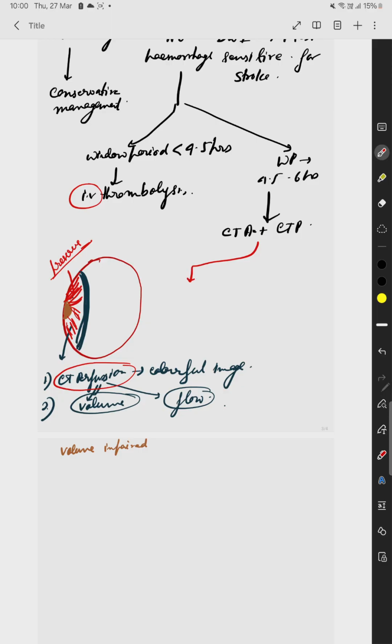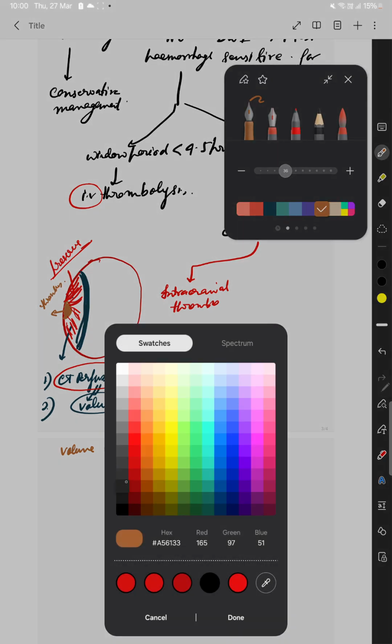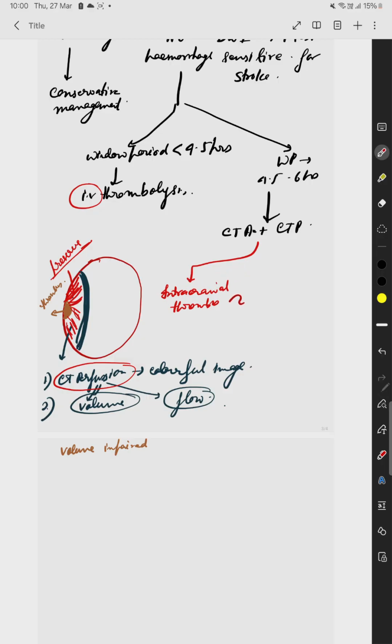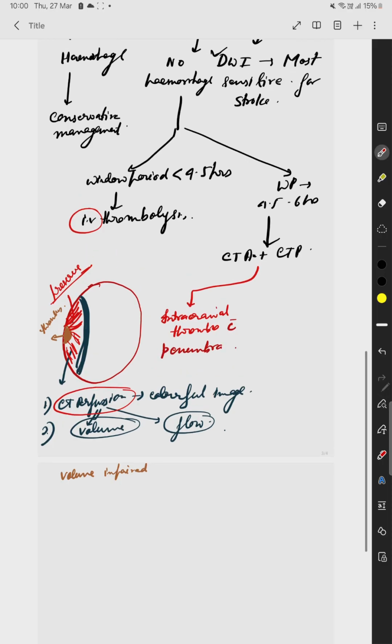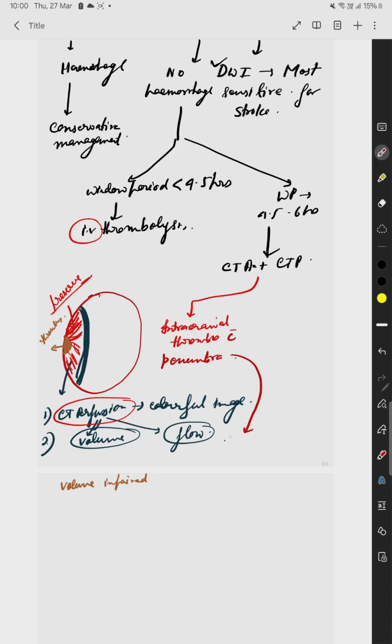If we see an intracranial thrombus here, along with a penumbra, then we know that we can do intra-arterial therapy, that is, intra-arterial mechanical thrombectomy.